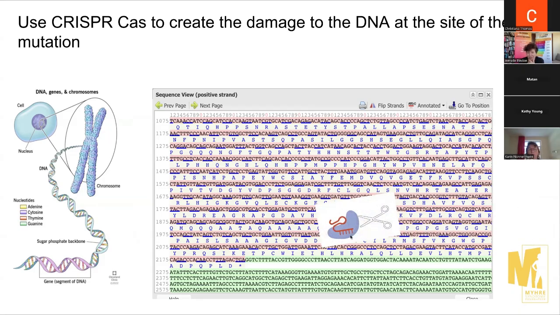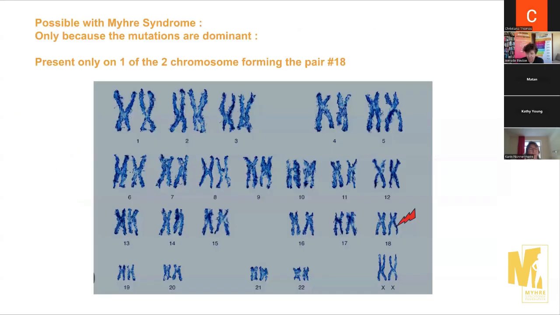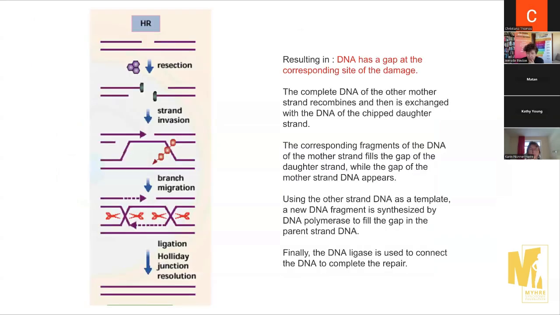So we use the CRISPR-Cas to really target the mutation, and then we'll use the natural DNA repair in your cell.